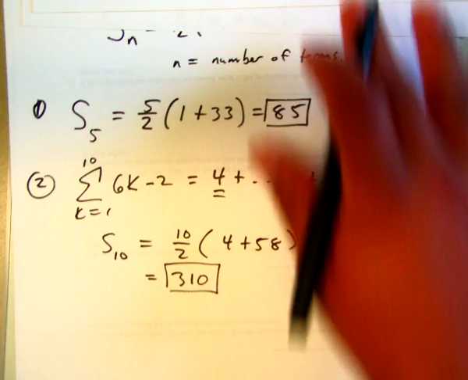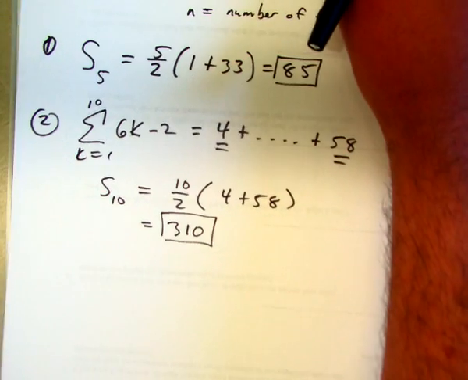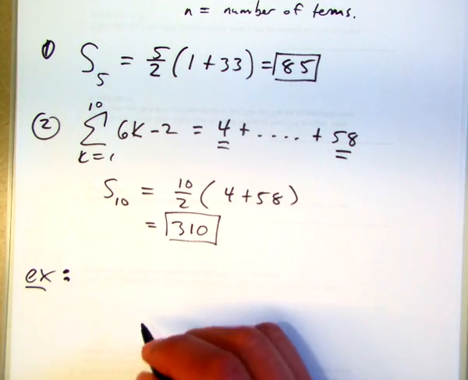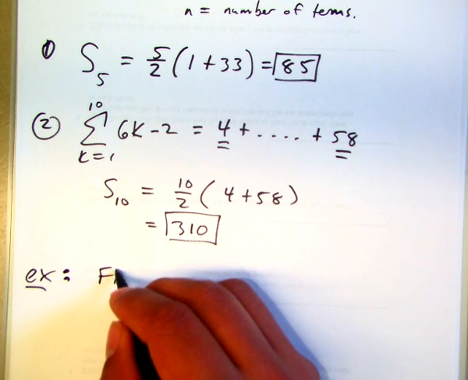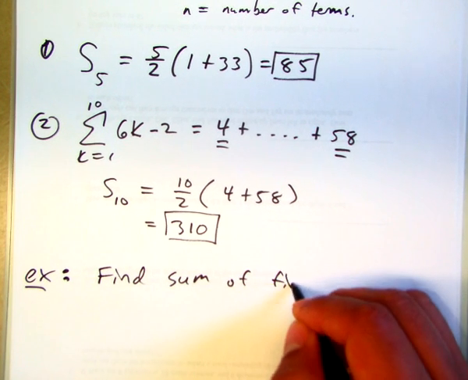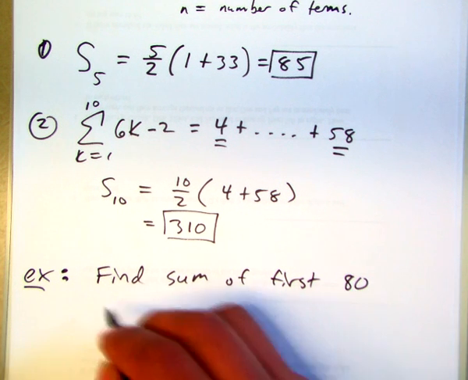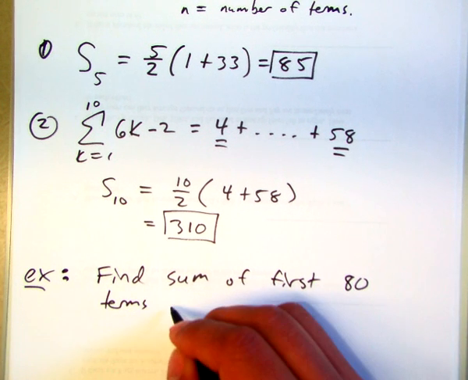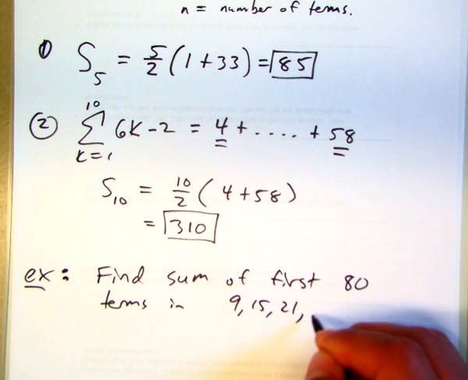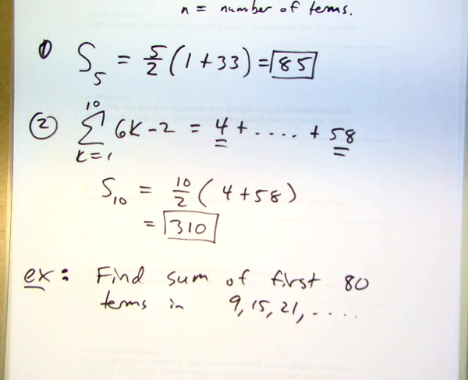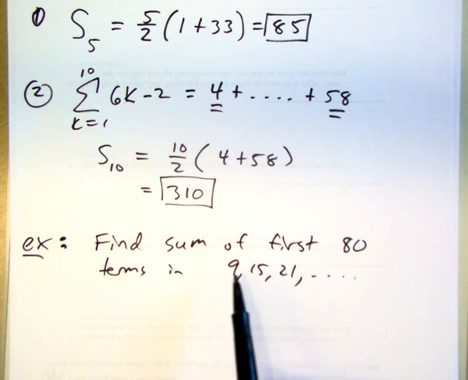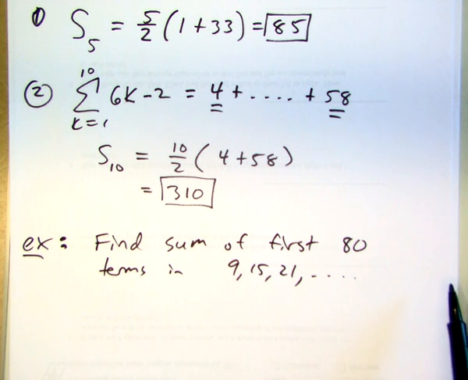Let's do one more example now. Find the sum of the first 80 terms in 9, 15, 21, and so on. Okay, so this is an example where the formula is actually really helpful. You don't want to add 80 numbers together. Okay, so first, let's find the rule.